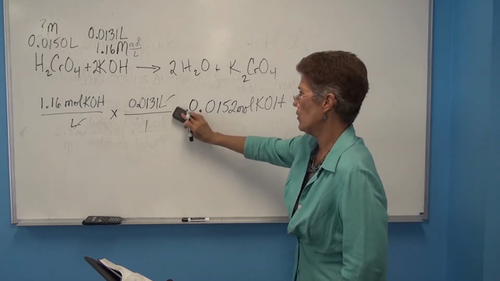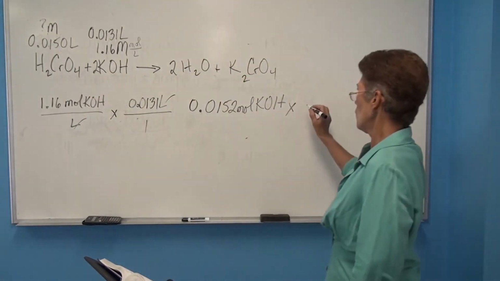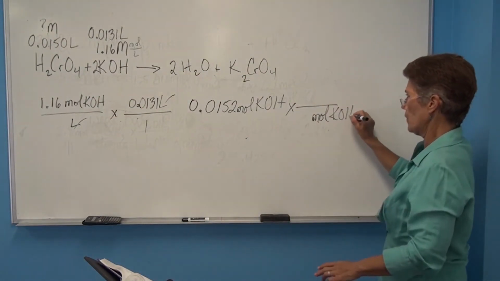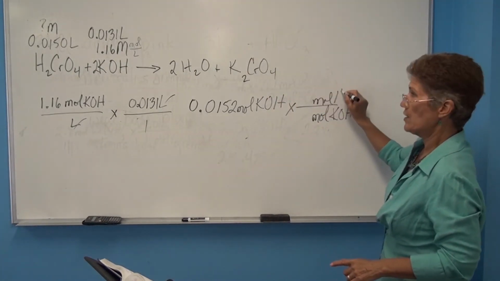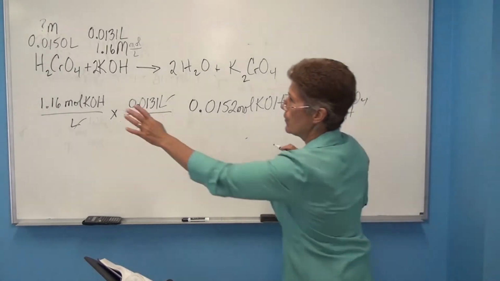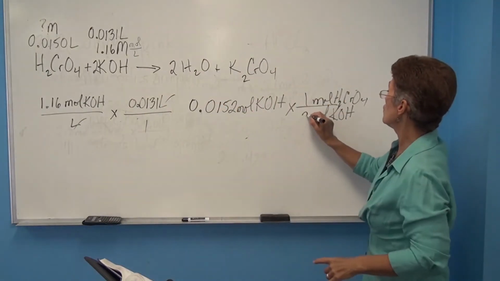Okay, now that we're there, we can go through the mole bridge to get from here to here. So we're going to go times line. We put whatever's here on the bottom, and whatever we're trying to get to on the top. Okay, this one gets a 1. Potassium hydroxide gets a 2.